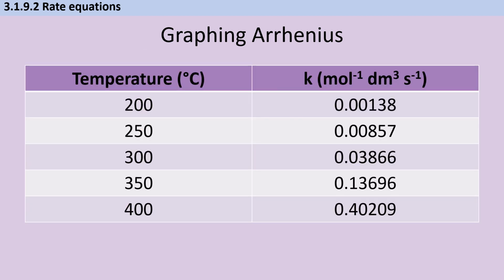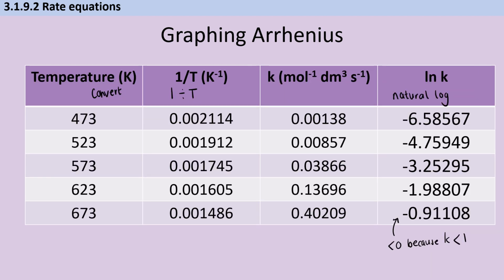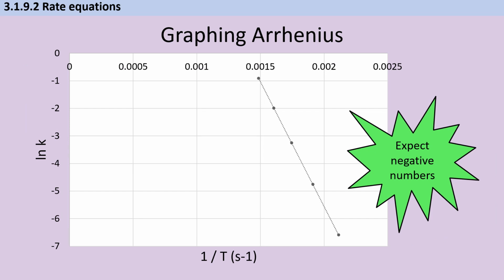Typically you will need to process this data before you can graph it. So that will involve converting temperatures to Kelvin, working out the reciprocal of those temperatures, and also taking the natural log of k. And these are going to be negative numbers here because our value for k is less than 1. So because of this, we're expecting a graph that is going down below the x-axis and looks a little bit like this.